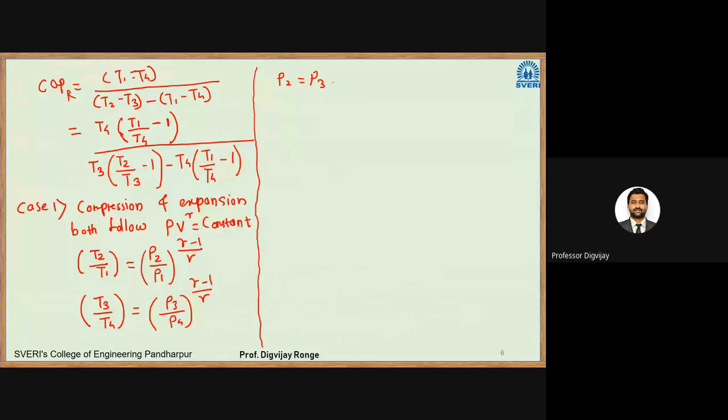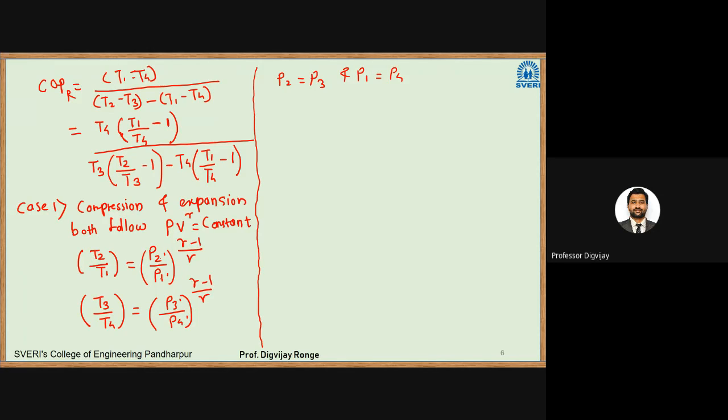So P2 is equal to P3 and P1 is equal to P4.